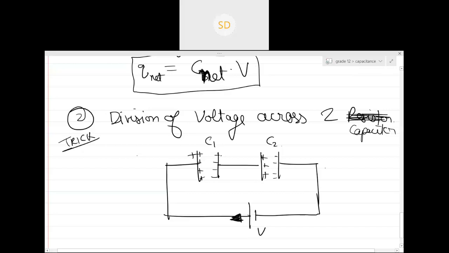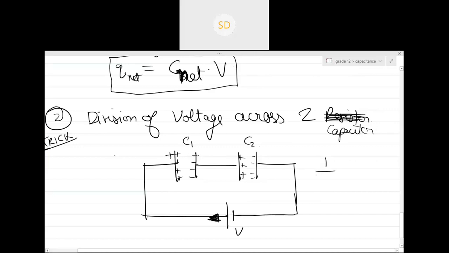Can anyone tell me what is the effective capacitance of the two systems? What is the net capacitance of the whole system? 1 by Cs equals 1 by C1 plus 1 by C2. So can you see from here the net capacitance will be equal to C1 C2 upon C1 plus C2?